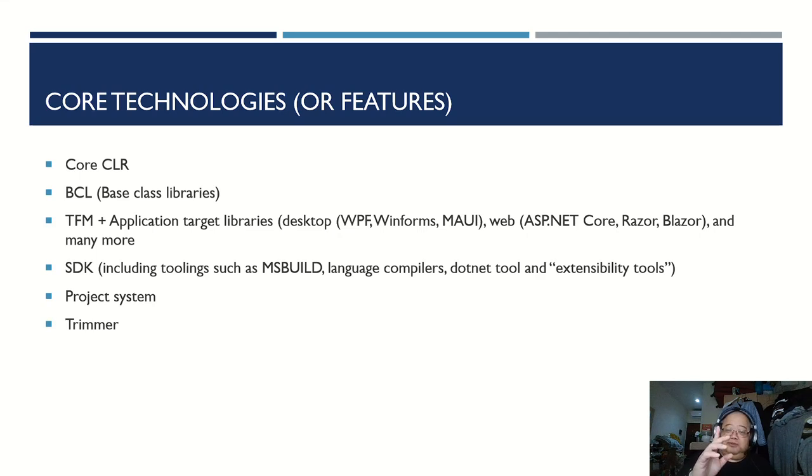Because if I use 2022, I have MS Build 17. If I use 2019, I have MS Build version 16. And 2019 is version 16, 2022 is version 17. This is why it is closely tangled or related.